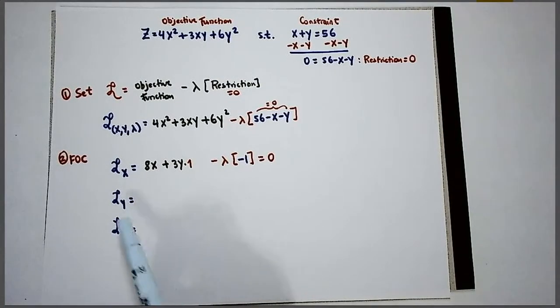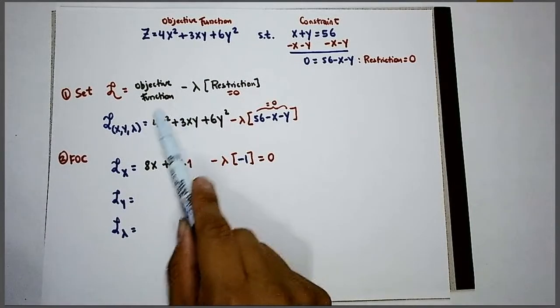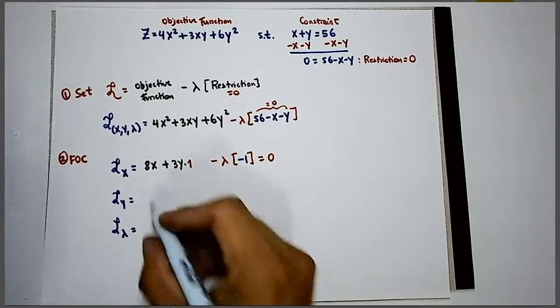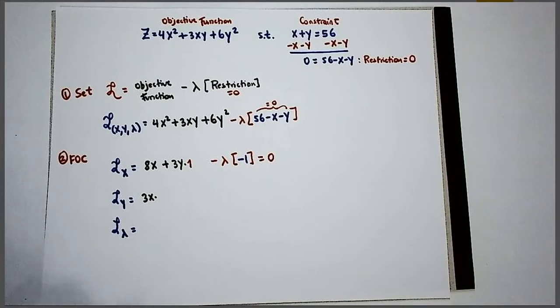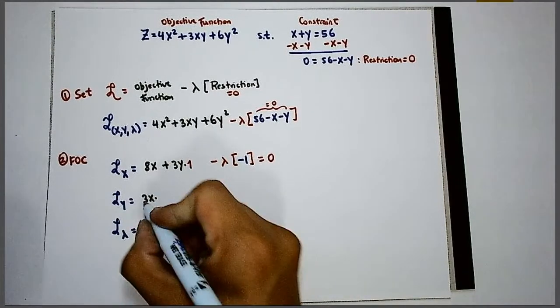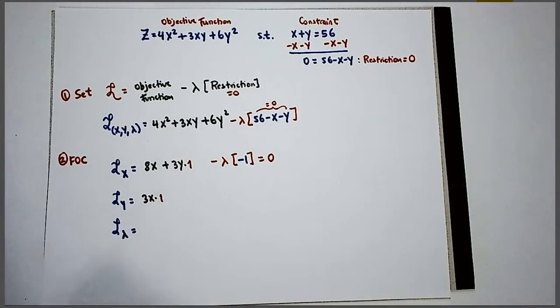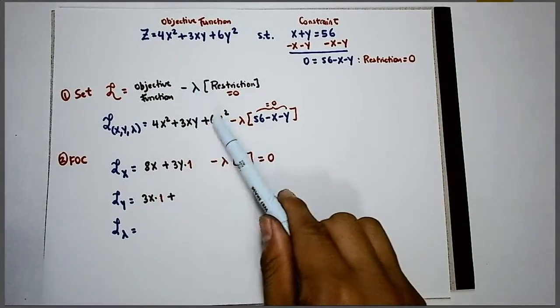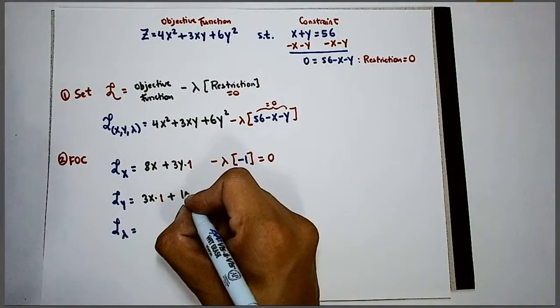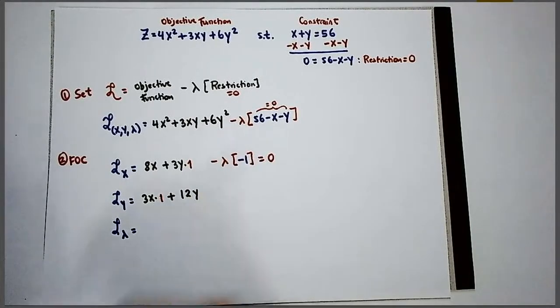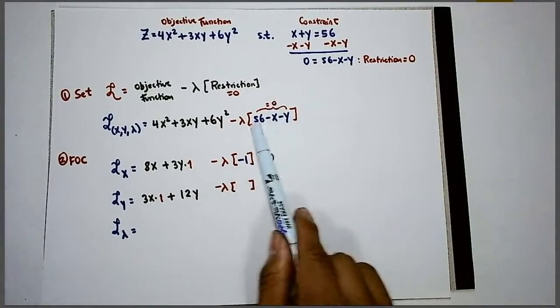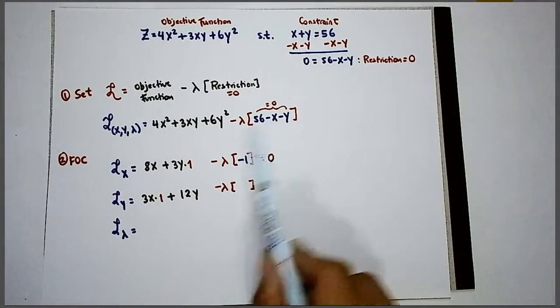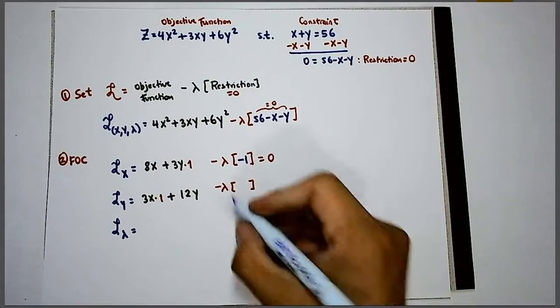Now let's do the partial of the Lagrange with respect to y. So the first term is 0. The second term is 3x, which is the constant part, times the derivative of y with respect to y, which is 1, plus the derivative of 6y squared, which is 12y, minus lambda, and then the derivative of this parenthesis with respect to y is also minus 1.